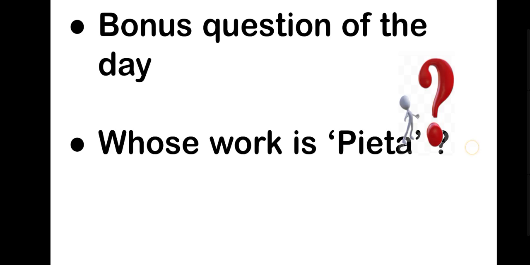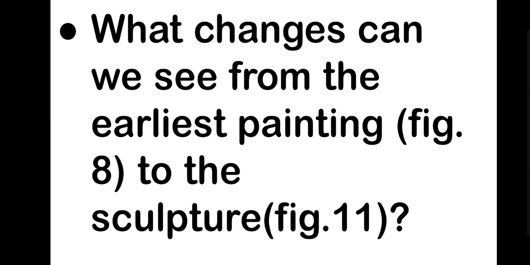Now, moving to the next. What changes can we see from the earliest painting, that is from figure number 8 to the sculpture shown in figure number 11? So we notice that paintings begin to look more lifelike and real.